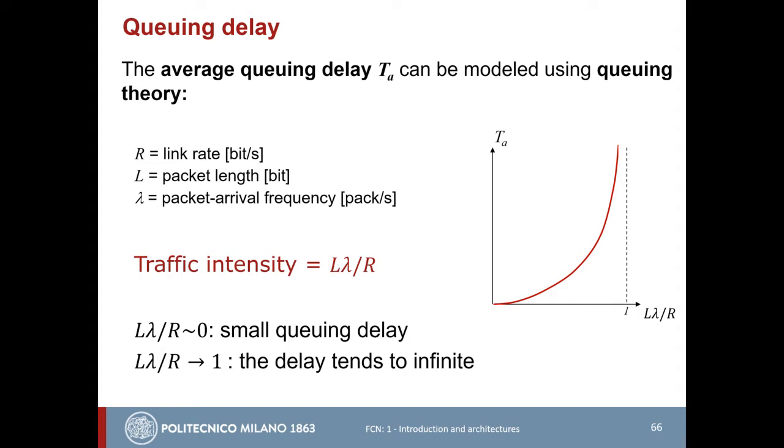Queuing delay is a random variable because it depends on the state of the queue, and so you cannot know in advance what the state is forever, but you can only predict the results on the basis of some average measurements. There are several systems with different parameters that are studied in queuing theory. We will not go into the details in this course, but I'd like just to mention the simplest queuing system.